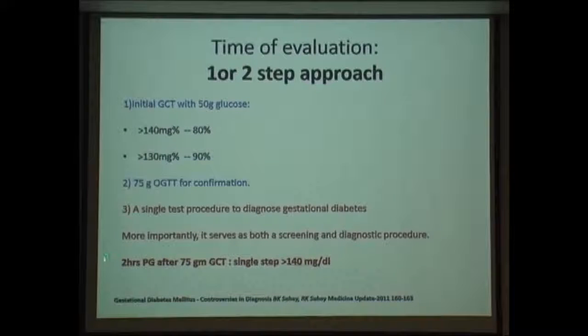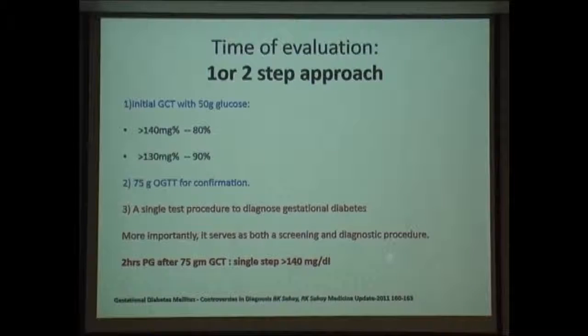If this single step 2 hours postprandial 75 gram GCT is more than 140, you think that this patient has diabetes, and you confirm it on a second occasion. So it is both a screening and a diagnostic procedure. You should not be starting treatment on that report, you need a confirmation, but this nevertheless will help the patient to be diagnosed in one go.